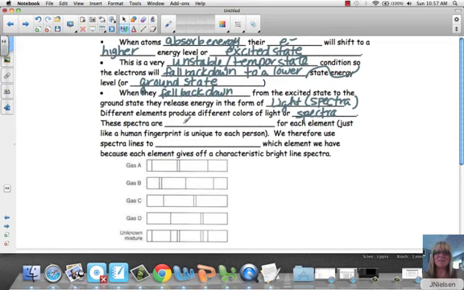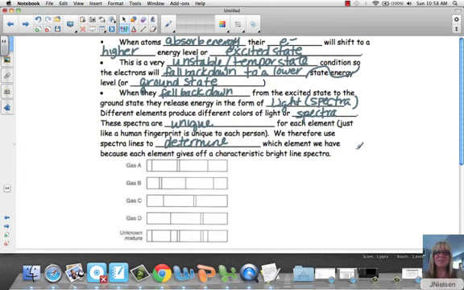These spectra are unique for each element, just like a human fingerprint is unique to each person. We therefore use spectral lines to determine which element we have, because each element gives off a characteristic bright line spectra.